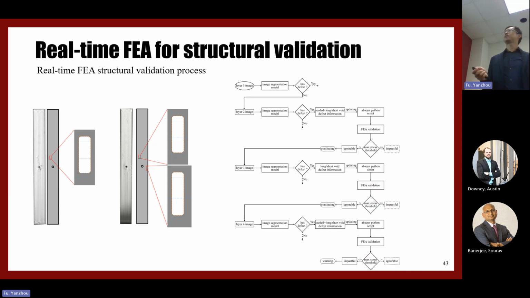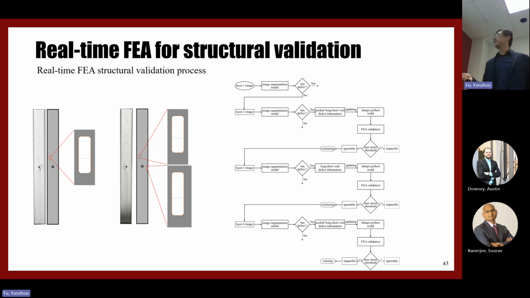But you can notice that this defect is in an insensitive position, so it will not impact the structural quality too much. After we get the maximum stress from the FE result, it's larger than the maximum stress threshold, so it will continue and go to layer 3, and layer 3 only has long and short voids without the seeded defect, so it will still continue.